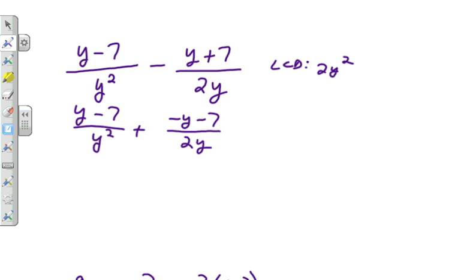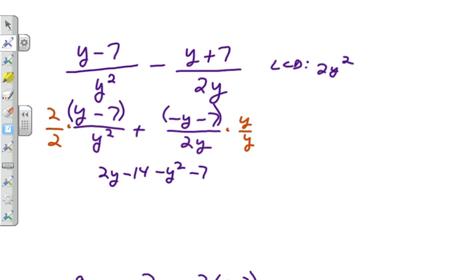I've got to bring my LCD in, so I'm going to multiply this fraction by 2 over 2, and this fraction by y over y, and that will give me 2y minus 14 minus y squared minus 7y, all that over 2y squared.